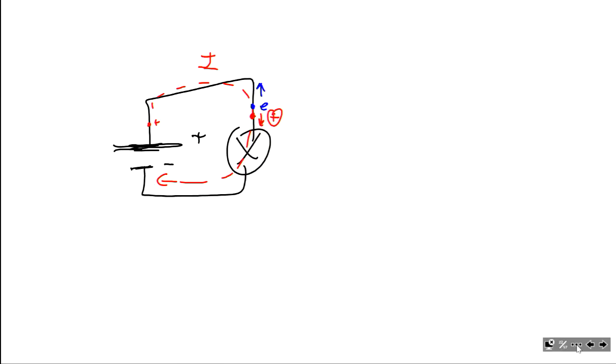This is a fictional positive charge from high to low. It basically travels in the direction of electric field outside of the battery. Electric field kind of pushes them down. That's it. Nothing else.